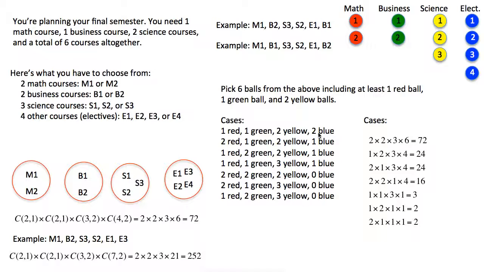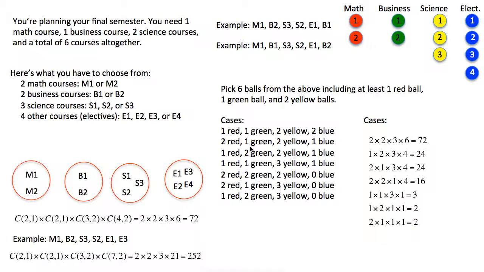And then finally, 2 of the 4 blues, combinations of 4 things choosing 2 is 6. So that gives you 72 with the exact same logic that we used in doing this first failed attempt at answering the whole question. So what we're realizing now is that this first incorrect answer we got was really just one of these cases that make up the entire answer.